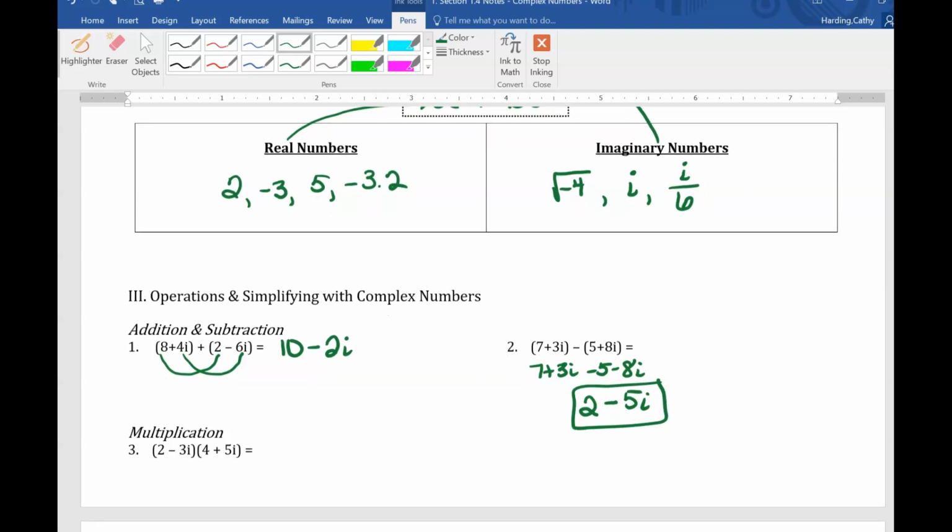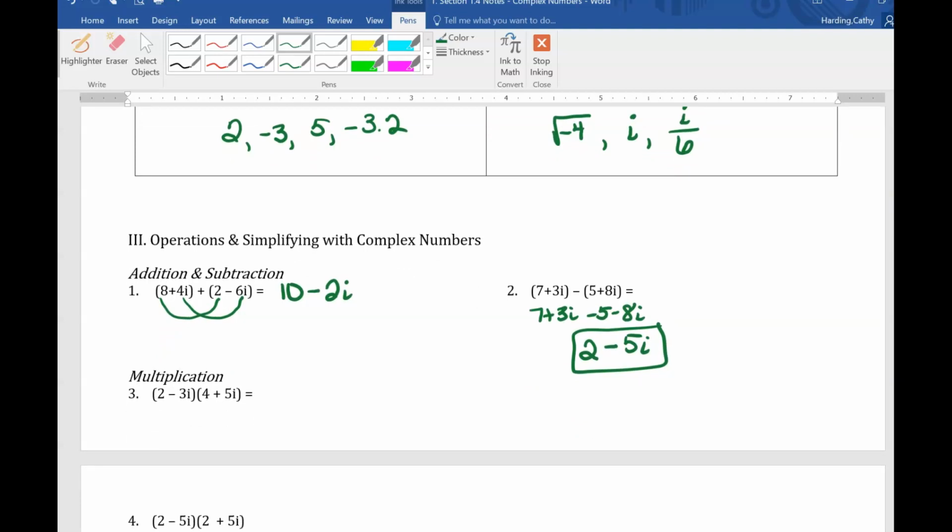For multiplication, it's going to look a lot like FOILing a binomial. We're going to go 2 times 4, 2 times 5i, negative 3i times 4, and negative 3i times 5i, which is negative 15i squared.